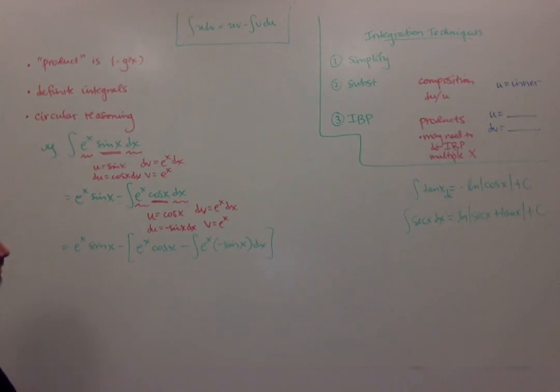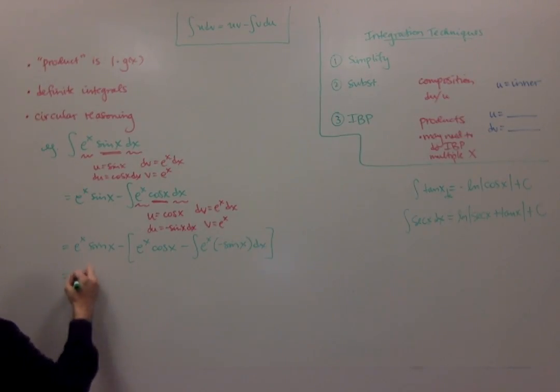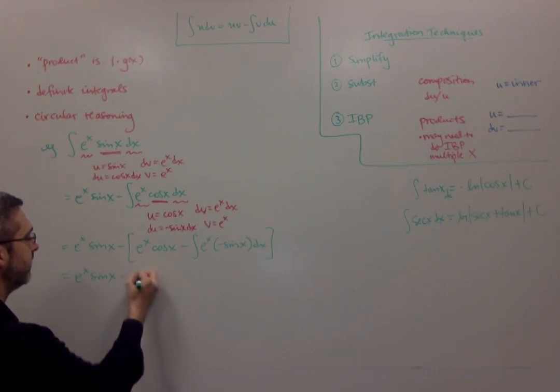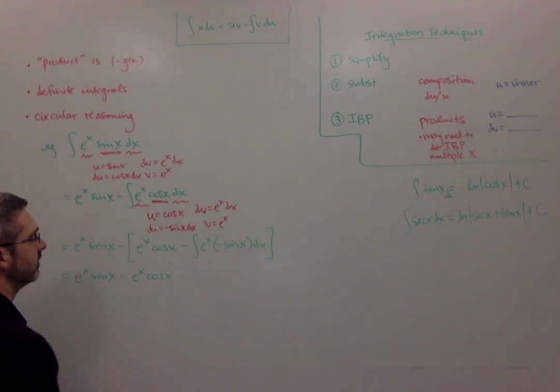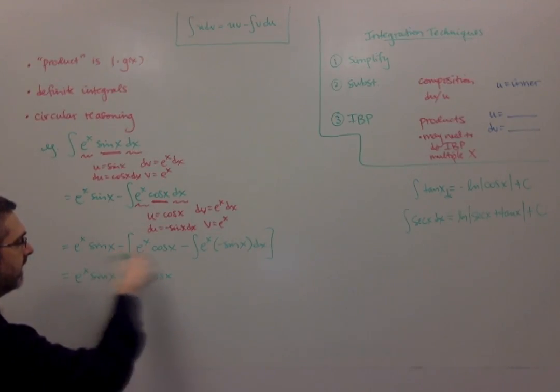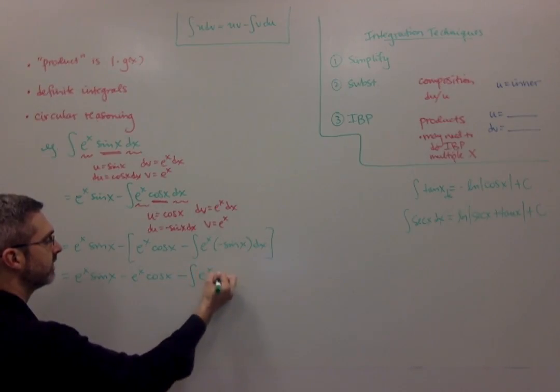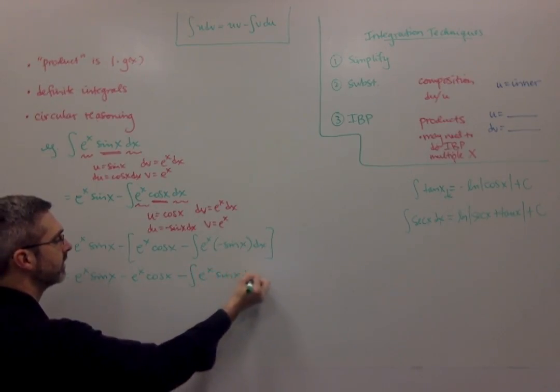And I have to be super careful about my negative signs here. So let's clean this up a little bit. I've got negative e to the x cosine x, minus the integral of e to the x sine x dx.